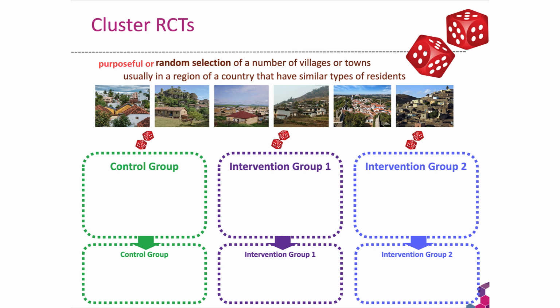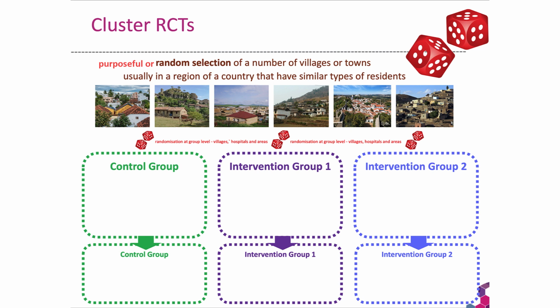So let's look at how a cluster randomized controlled trial works. We may purposely choose or randomly choose a number of villages or towns in a region of a country that are likely to have similar types of residents. And then we're going to randomize at the group level.